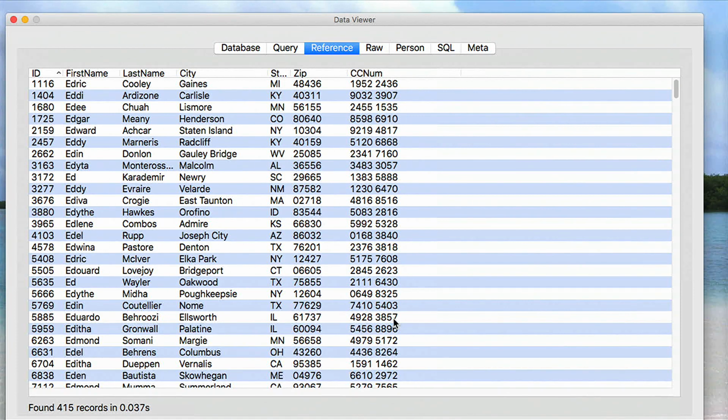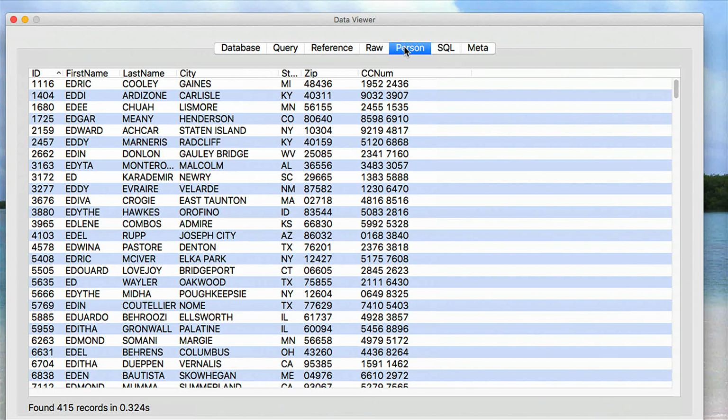And you see that this straight SQL query took 0.04 seconds. And there it is in person also. Still 415 records. This took longer, 0.324 seconds. 8 times longer. But reasonable. That's the balance between usability and security. And by the way, this is SQLite, and other engines will be faster.